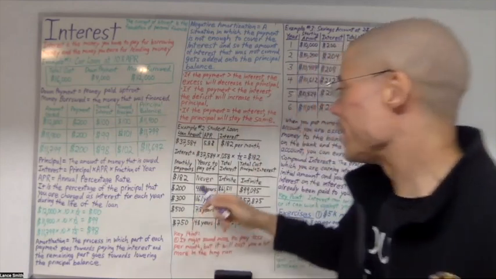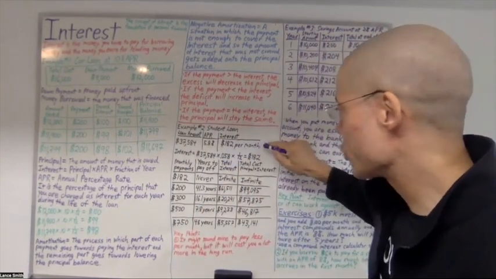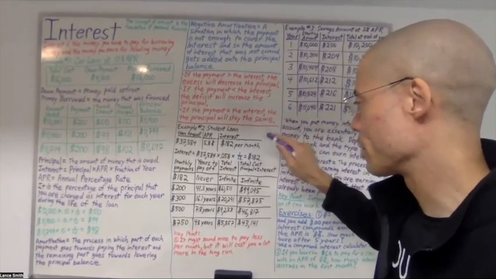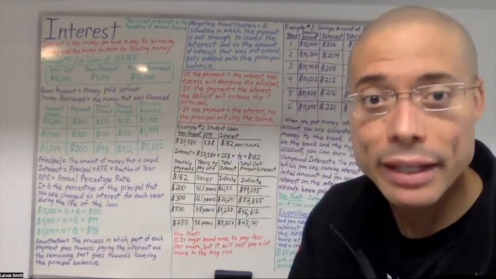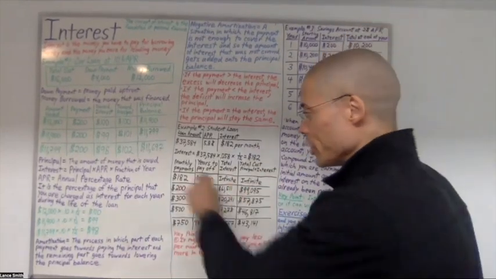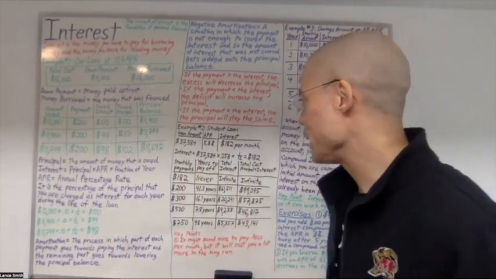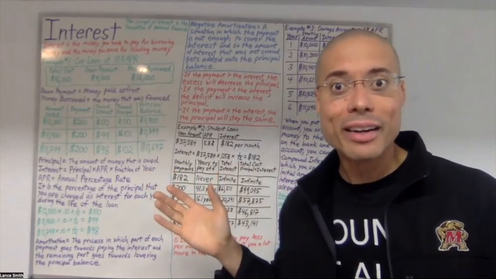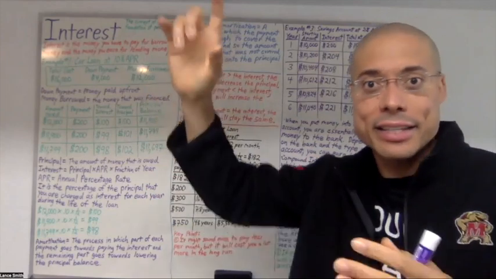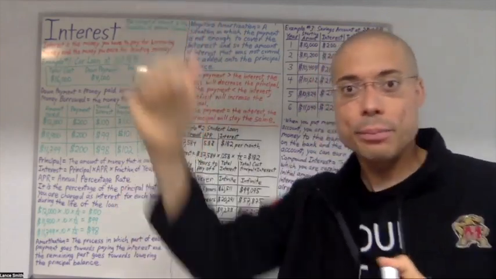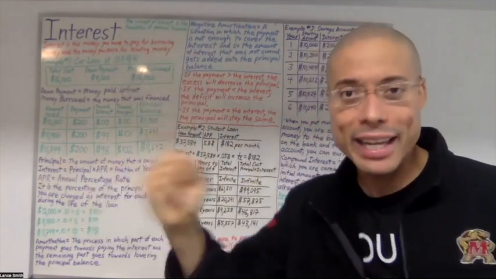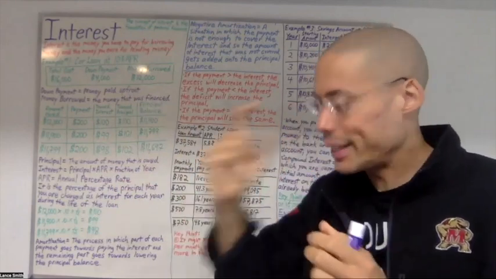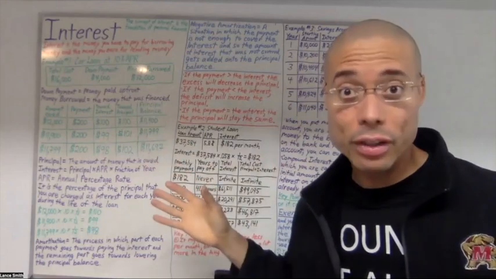So if the payment is also $182, then you will never pay off the student loan, because there's no excess that will decrease the principal balance. If you're just paying the interest, you're just going to keep paying the interest forever.